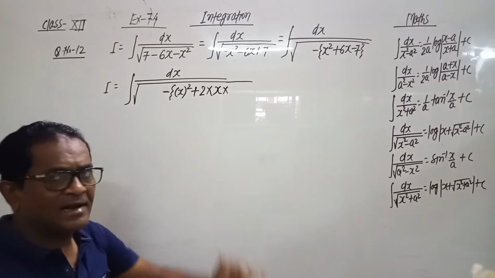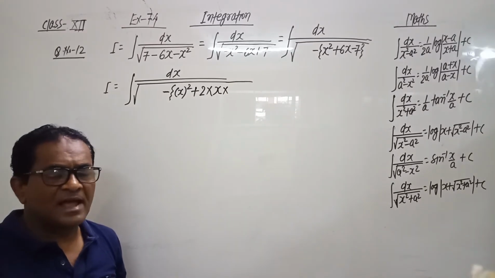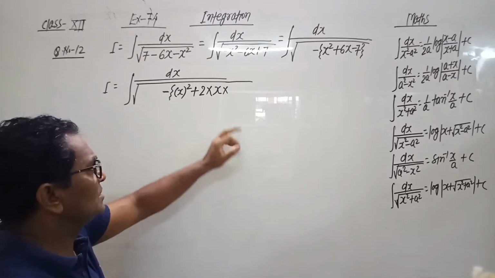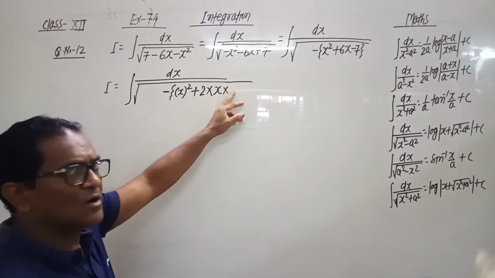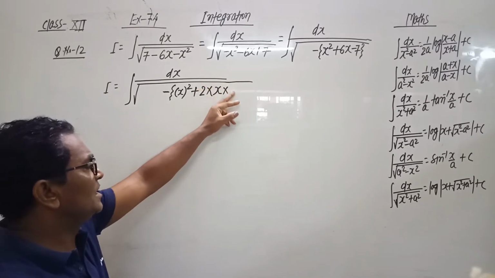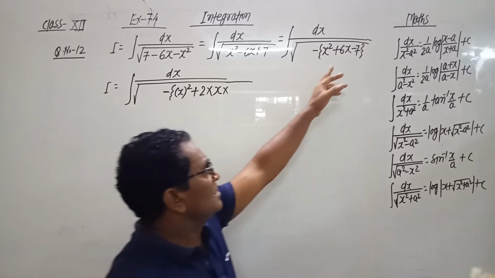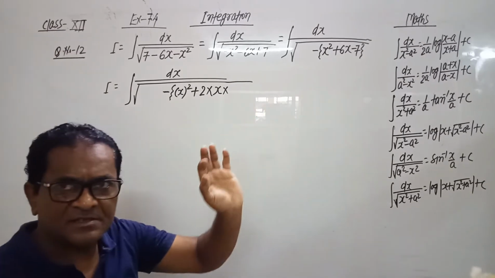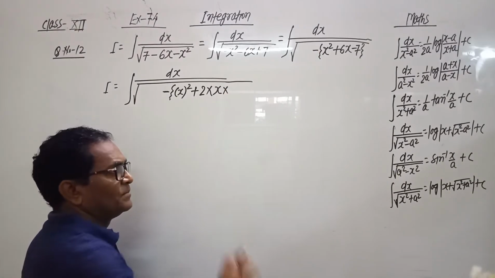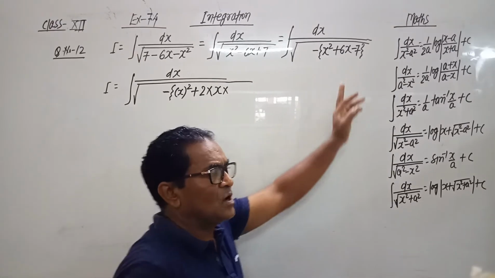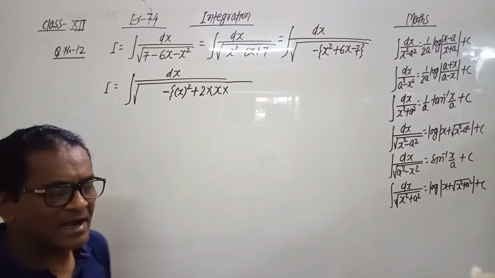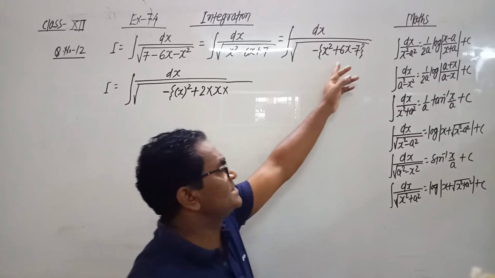Now we have to select the value of b. The value of b should be selected such that when we solve this expression, it comes to be 6x. So what should be the value of b to get 6x? Already there is 2x, and when 2x is multiplied by 3, we get 6x.